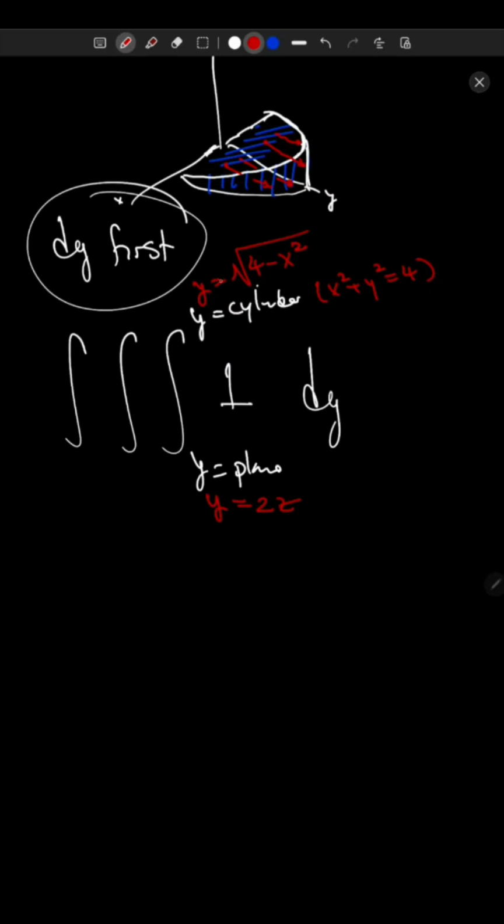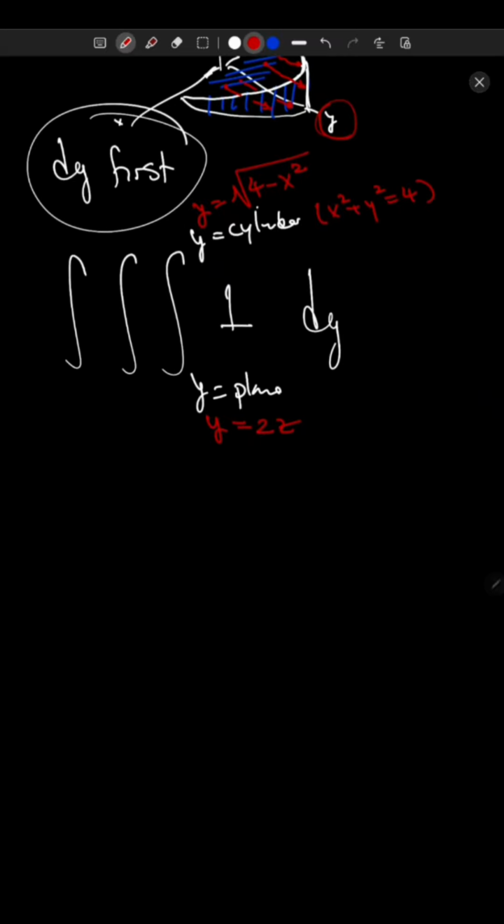It's the positive square root, because we can see that the region we're working on has only positive y's, so we don't need to consider the negative square root.